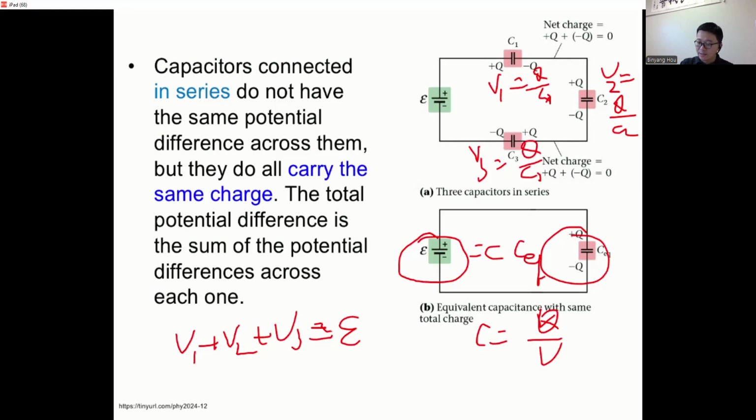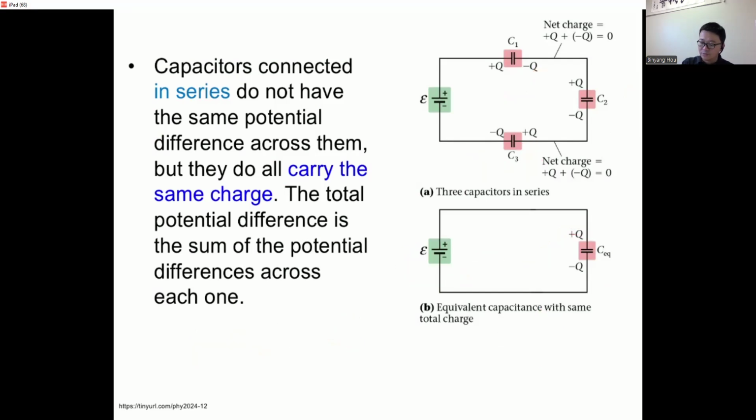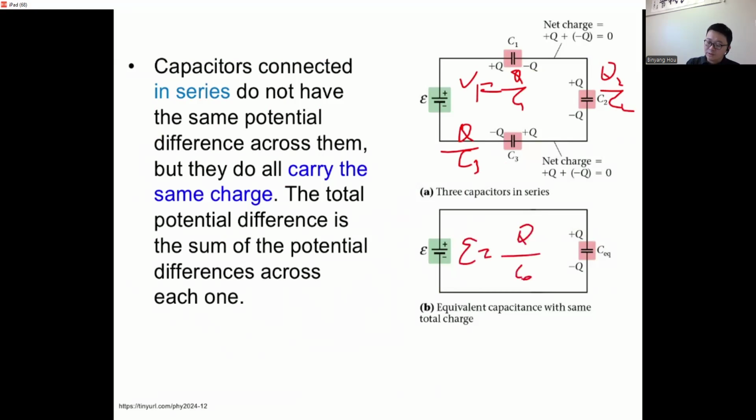That's not quite right there. Let's see, and erase. So let's do it from the beginning here. V1 is Q over C1. V2 is Q over C2. V3 is Q over C3. On here, epsilon is equal to Q over CEQ. Okay, so my bad there, because C is equal to Q over voltage.